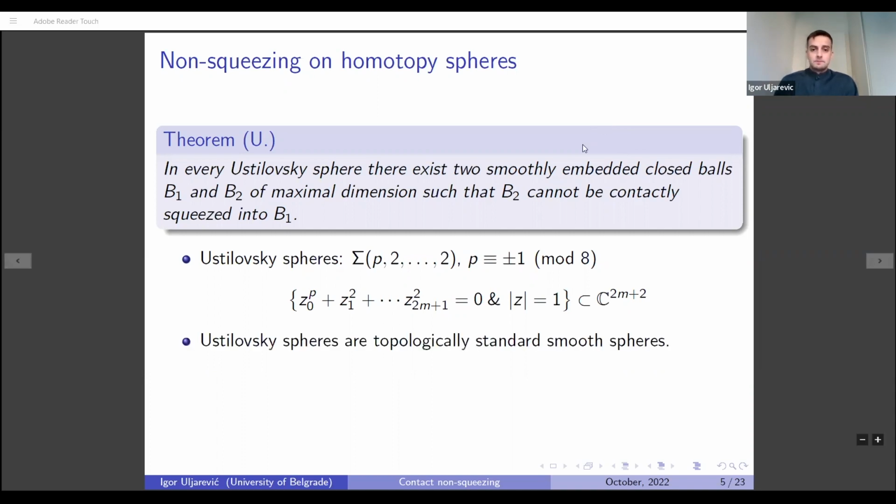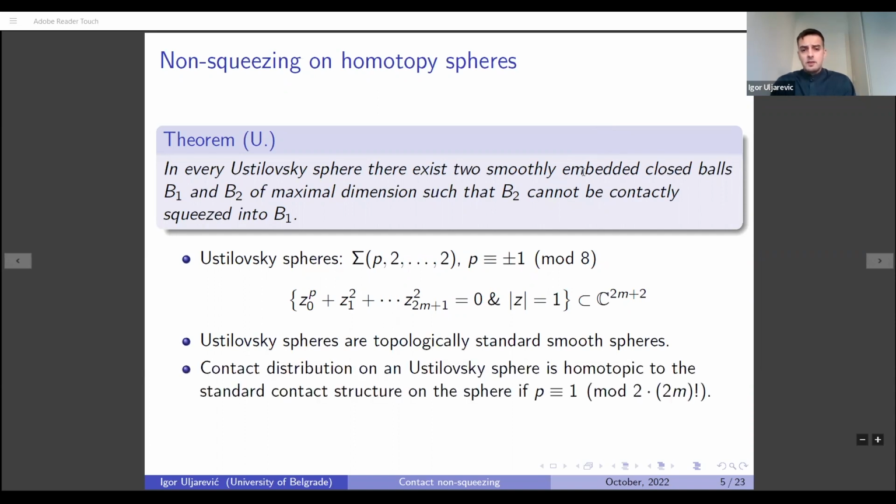And moreover, sometimes it even happens that the contact distribution on an Ustilovsky sphere is actually homotopic through smooth distributions of hyperplanes to the standard contact structure on the sphere.